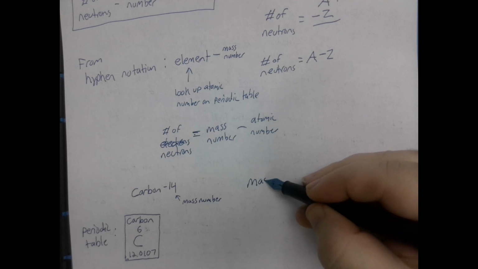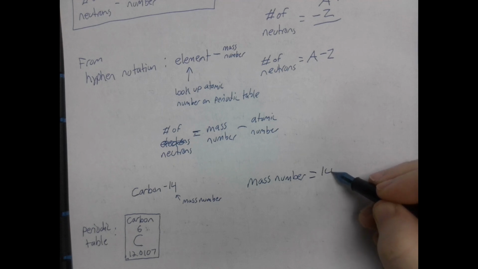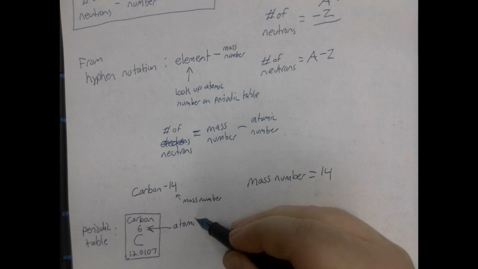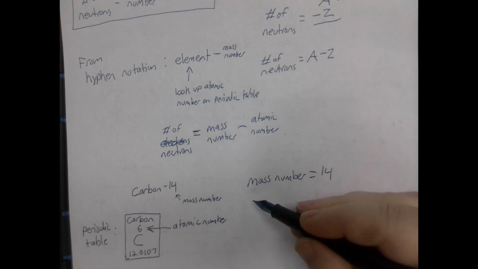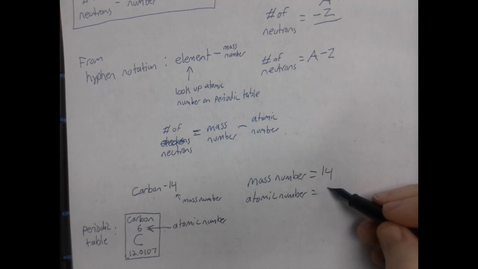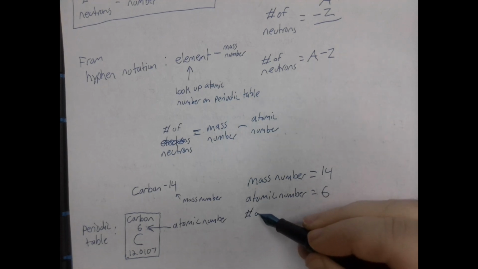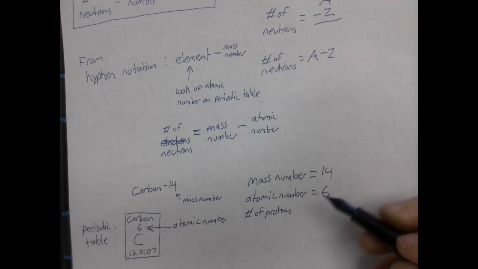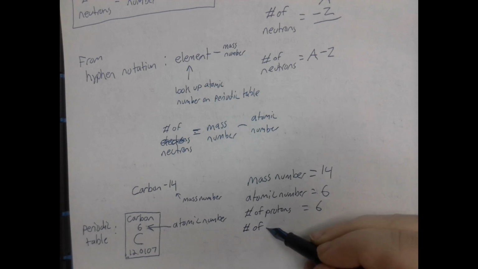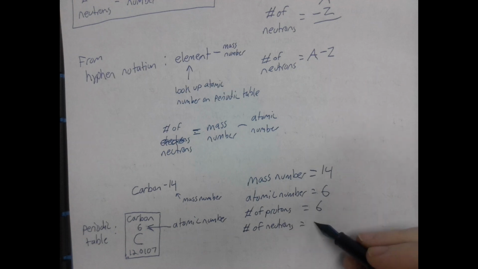So mass number is 14. This number for carbon is the atomic number. So the atomic number is 6. So the number of protons is 6. And the number of neutrons will be the mass number minus atomic number, which will give you 8.